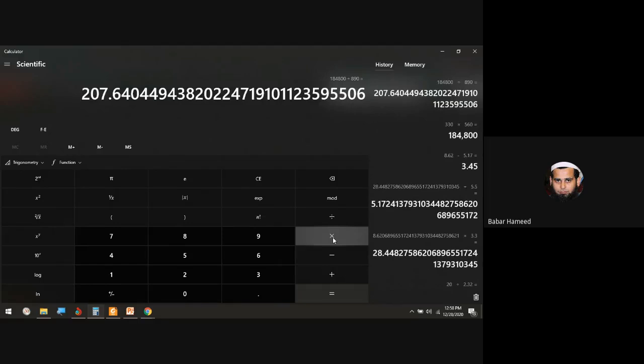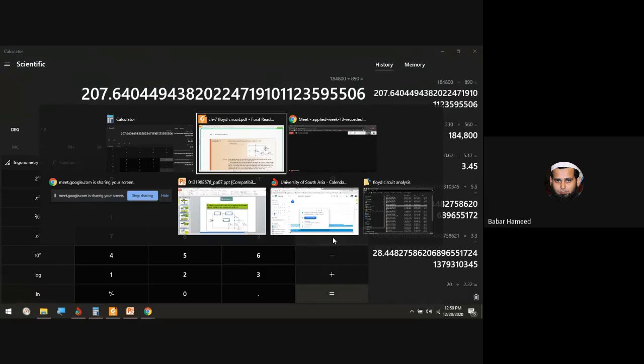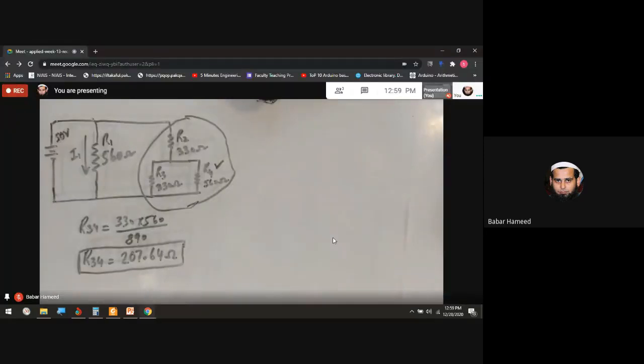It will result in 207.64 ohm. So R34 is equal to 207.64.